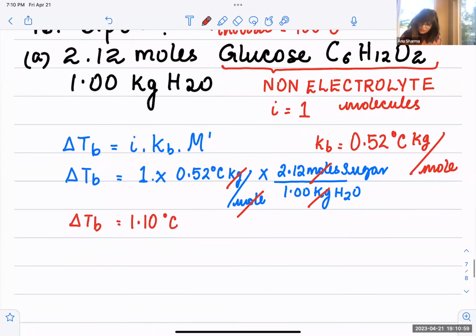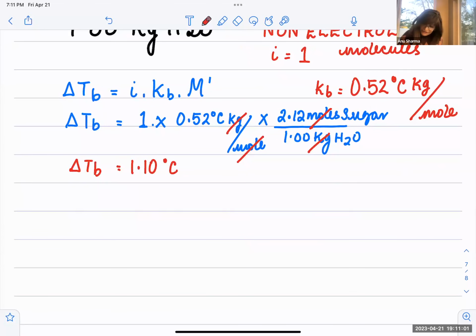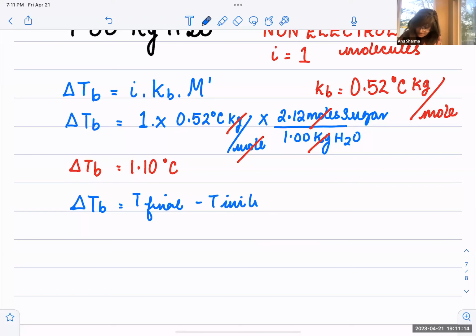But the question is, what is the final temperature? Delta TB is equal to T final minus T initial. Let's put the numbers here. 1.10 degrees Celsius is equal to T final, which is what we are trying to determine, minus the T initial, which is 100 degrees Celsius.